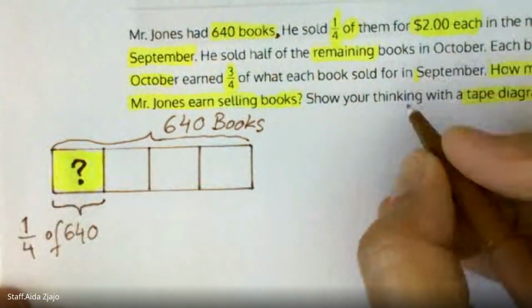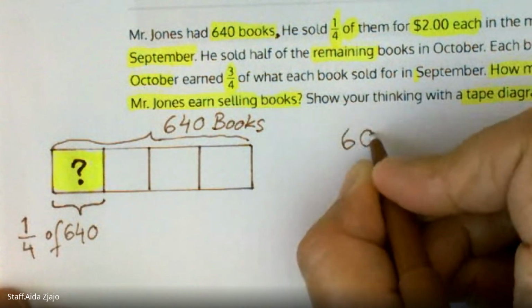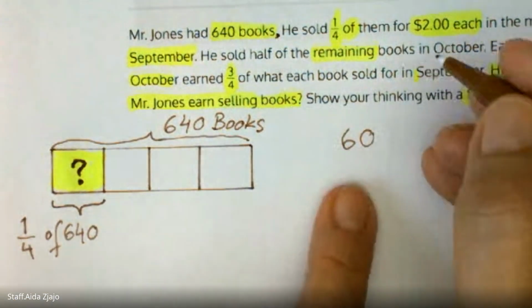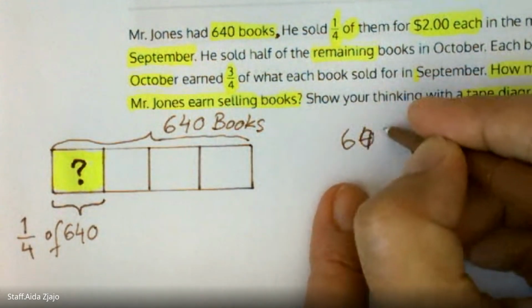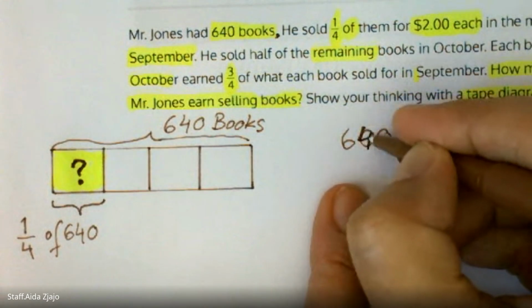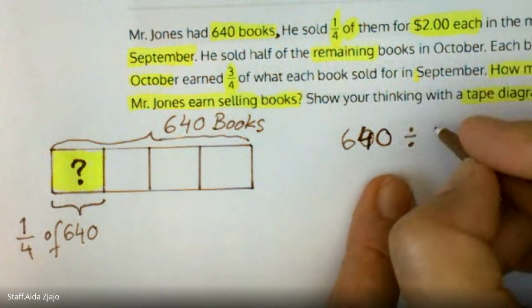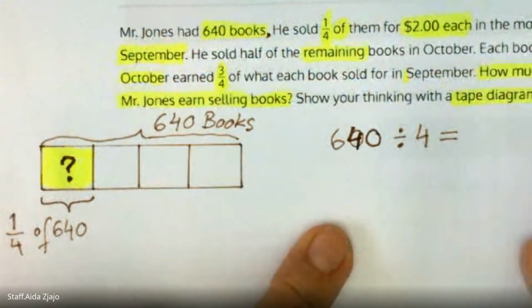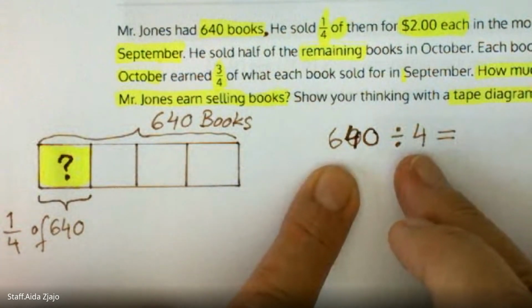So let's do it. 640 divided into 4. If you don't want to use the standard algorithm, you can think of compatible numbers close to 4.